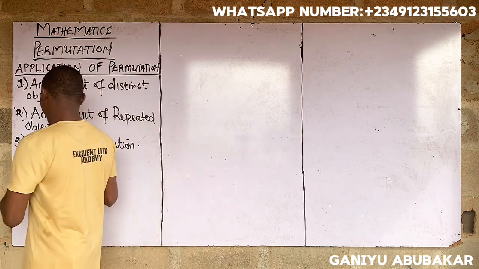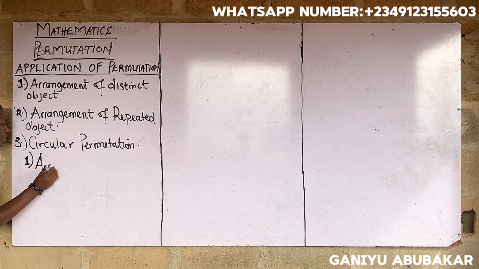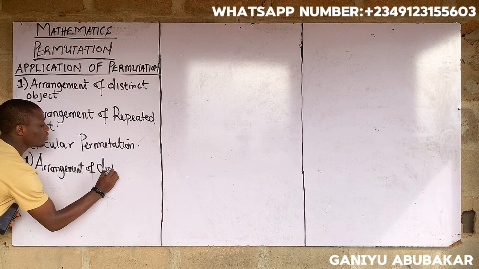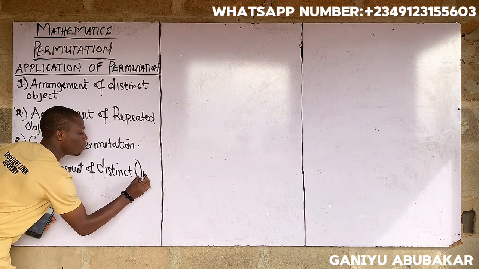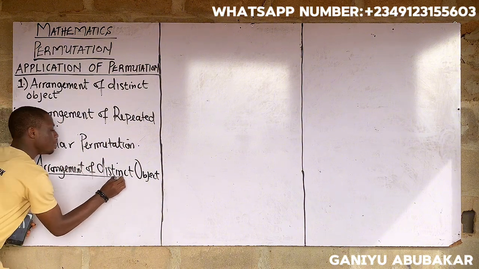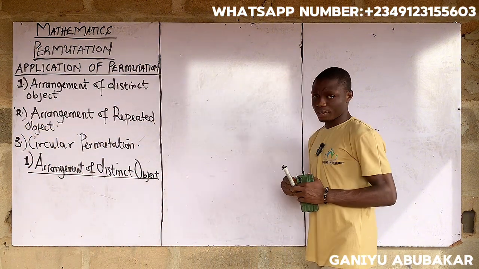So the first one is called the arrangement of distinct objects. So what's the concept behind arrangement of distinct objects?